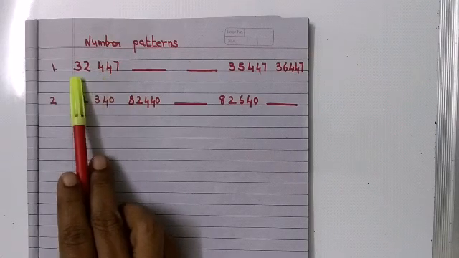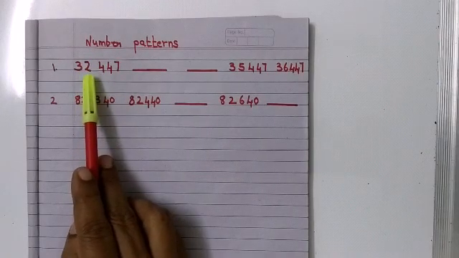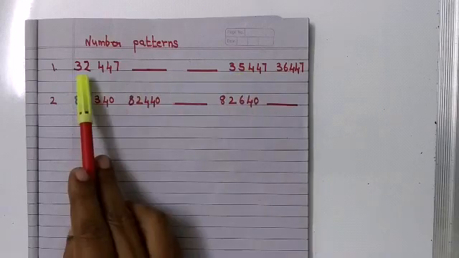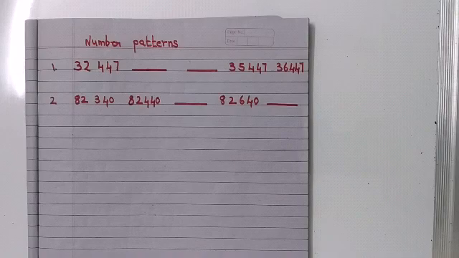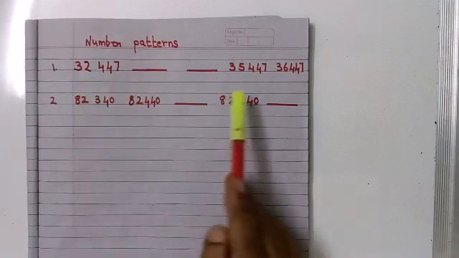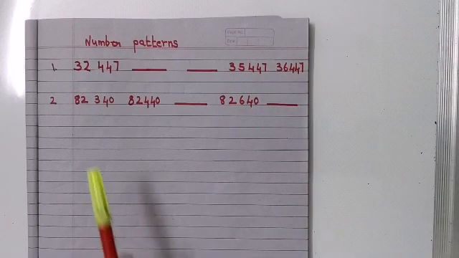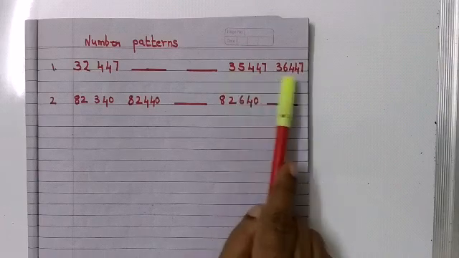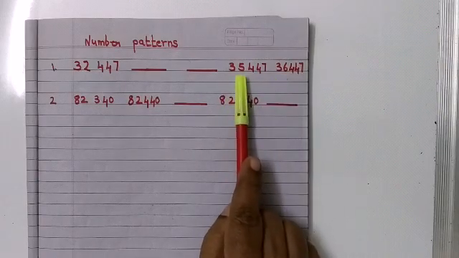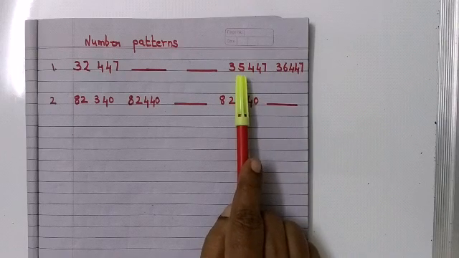If you see, only this place, that is the thousands place, is changing. Can you see? The rest of the digits are the same. So only in the thousands place you see 2, 5 and 6. Now children, look at these two numbers and you can know the difference. 5 and then 6. So that means in the thousands place, the difference is 1000.